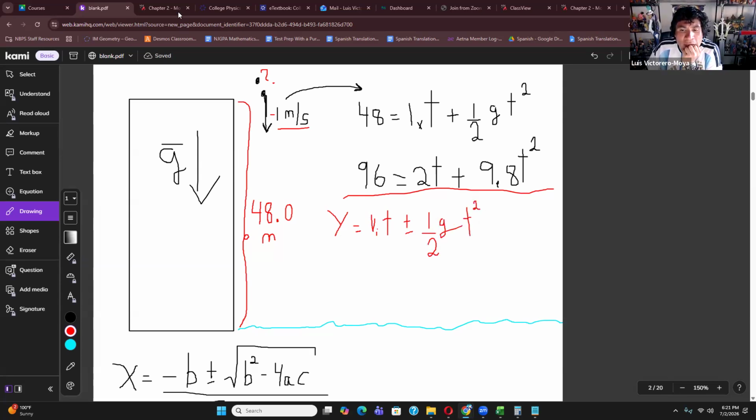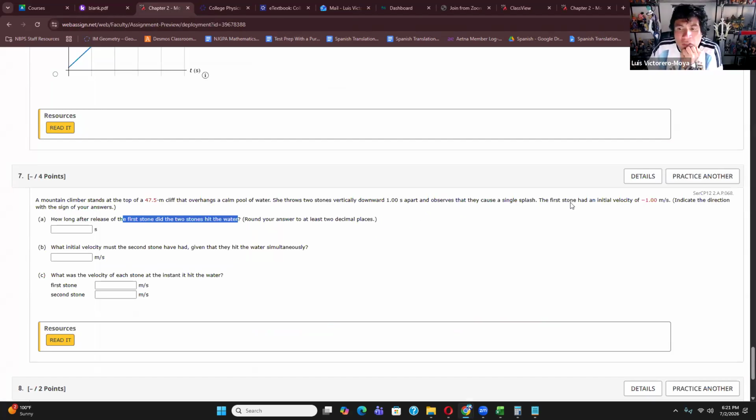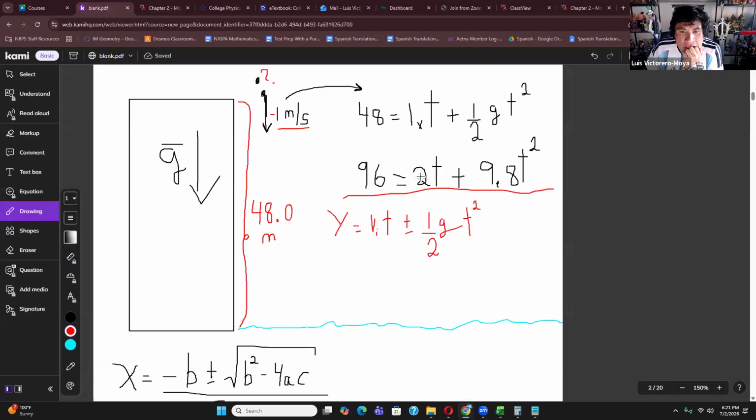Now, here you have to be careful because the problem is asking you to indicate the direction with the sign of your answers. And that's for velocity. Time is not negative, it cannot be negative. So since you are throwing the ball downwards, the initial velocity is -1.